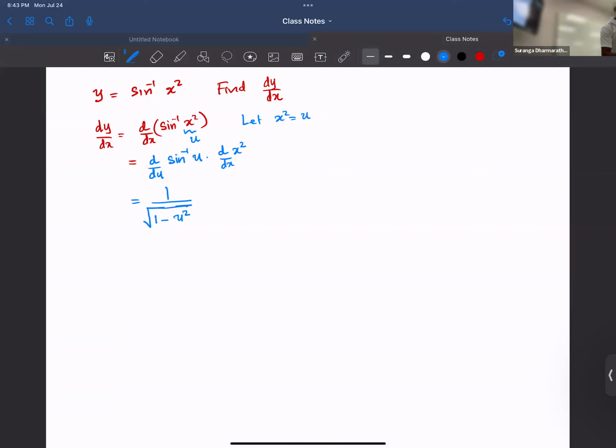And then d over dx of x squared is 2x, right? So you can write 2x divided by the square root of 1 minus u squared, where u is x squared. So that's 1 minus x to the power 4.